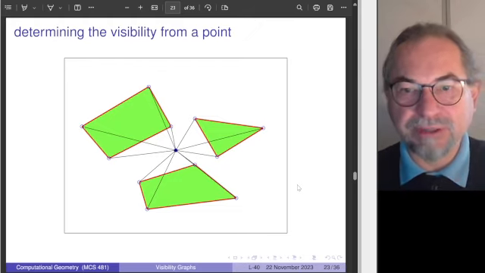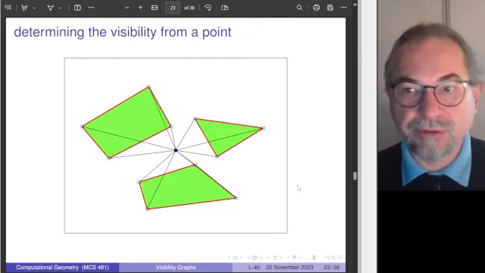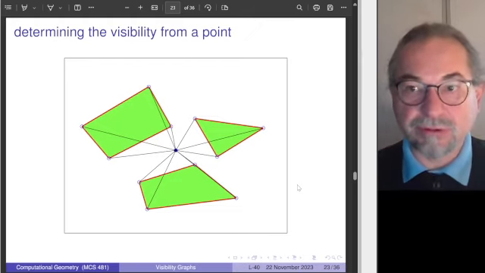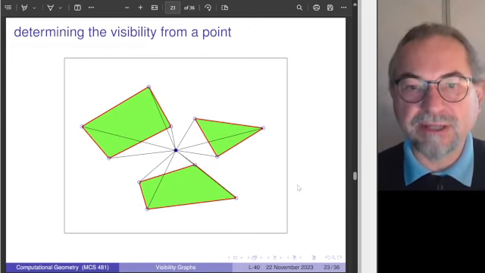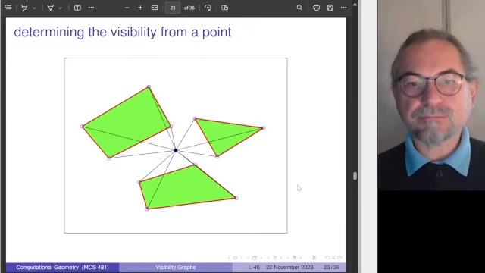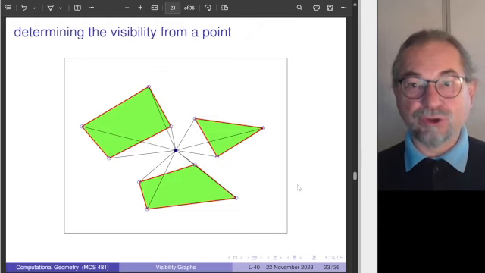So here the point, I've taken it as the center point. It could be another vertex, it could be the start coordinate or the target position. So if we can do this from any point, then we can do this. So here this picture suggests a first algorithm.